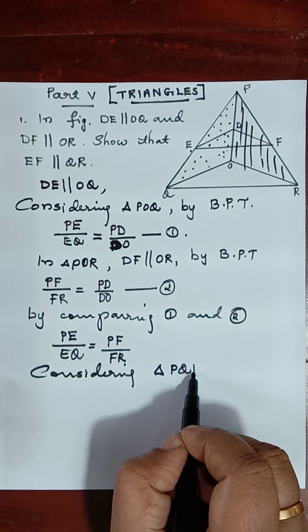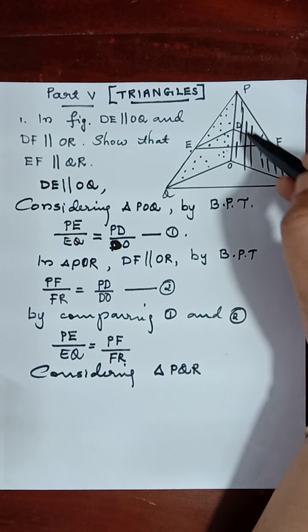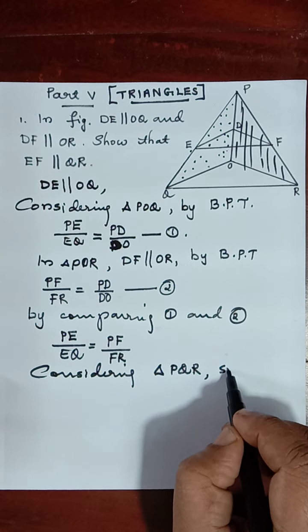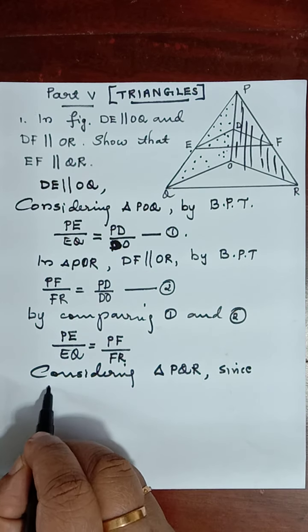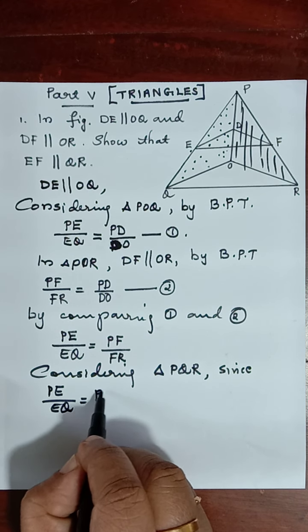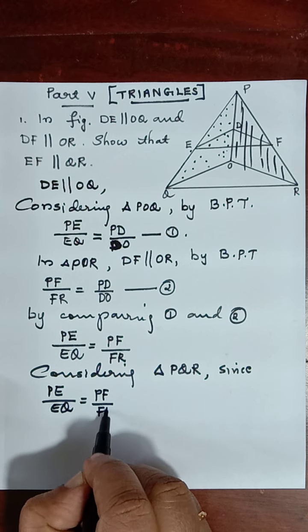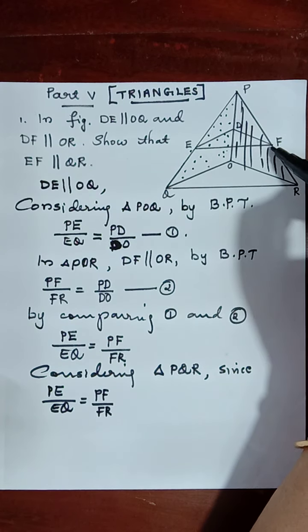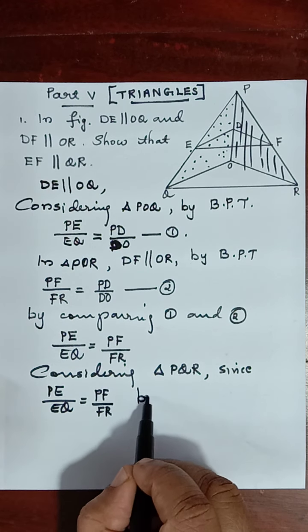Considering triangle PQR, since PE by EQ is equal to PF by FR, as we have proved, the ratio is given.